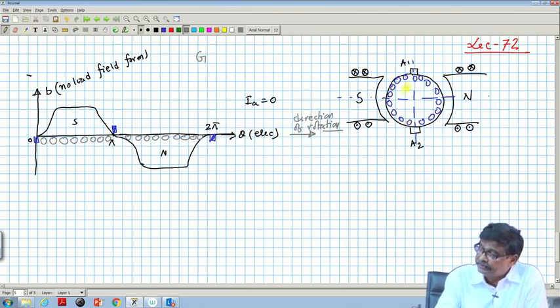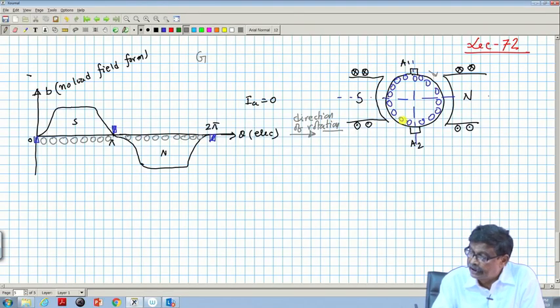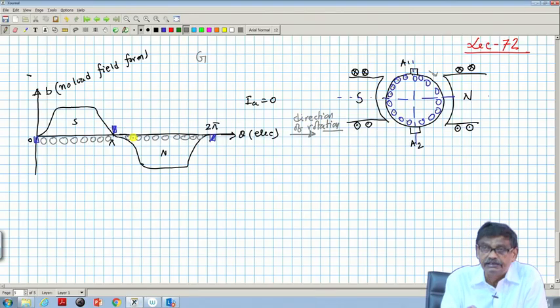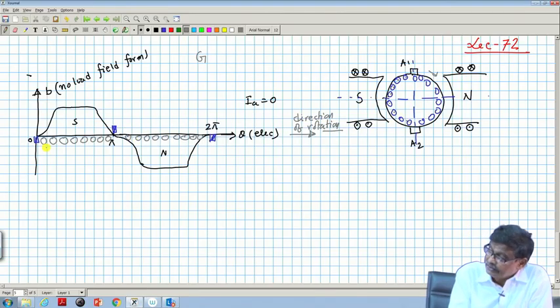Now, if this is the direction of rotation, we know the conductors under the south pole, that is these conductors, will carry dot. So, these are dots. See, I am now translating with one to one correspondence between this figure and this. So, this is all dots. I will go slowly, do not worry.